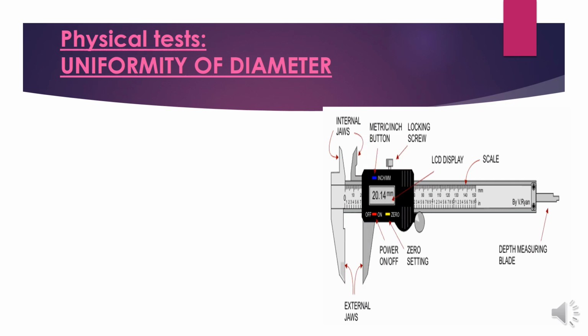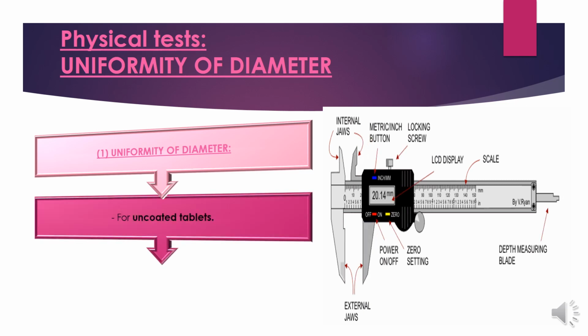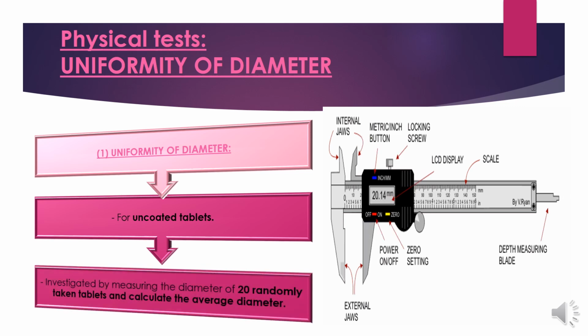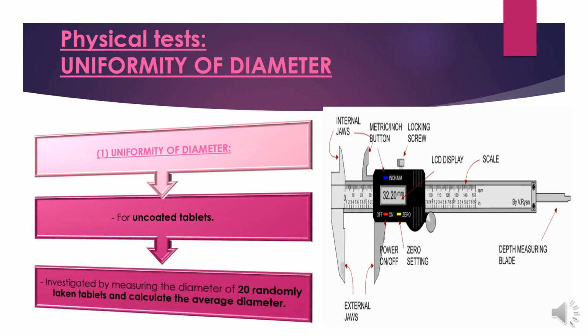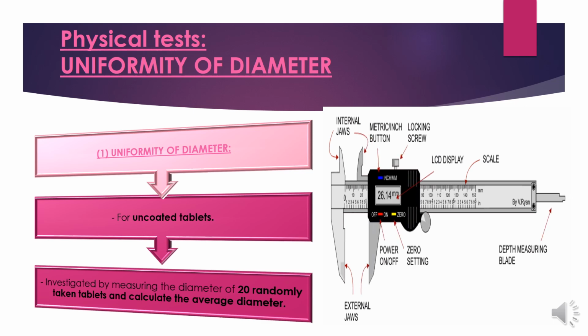Uniformity of diameter test is applied for uncoated tablets mostly, and this is investigated by measuring the diameter of 20 randomly taken tablets and calculating the average diameter with the help of an instrument like a vernier caliper, micrometer screw gauge, or any sort of digital instrument.